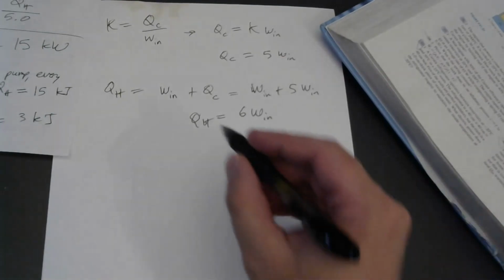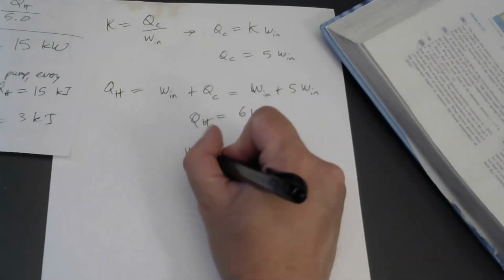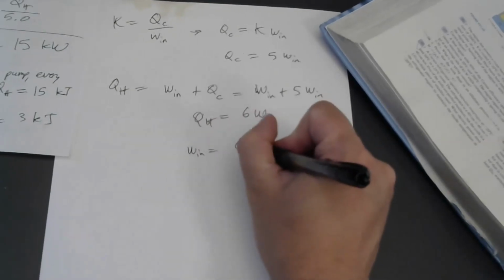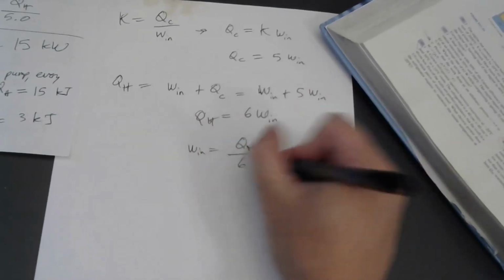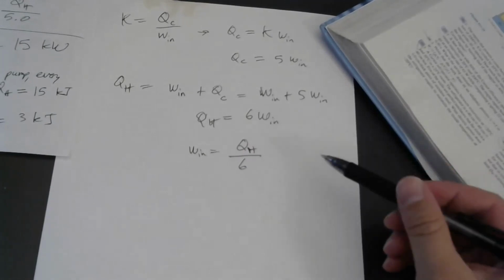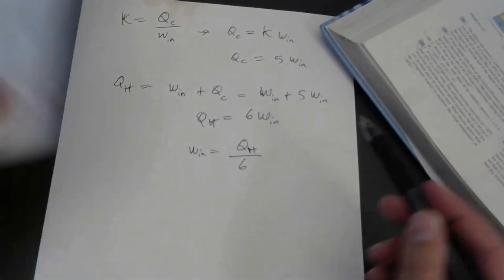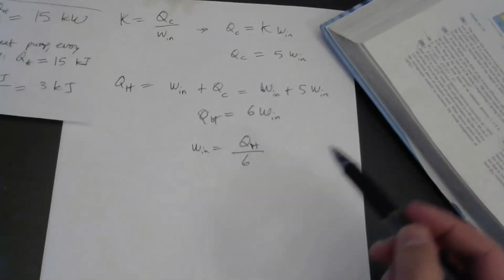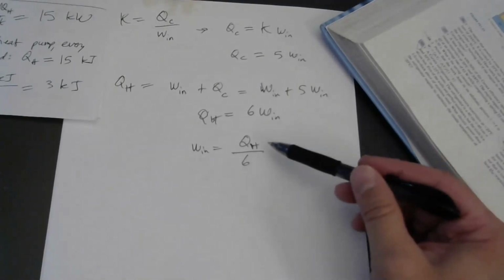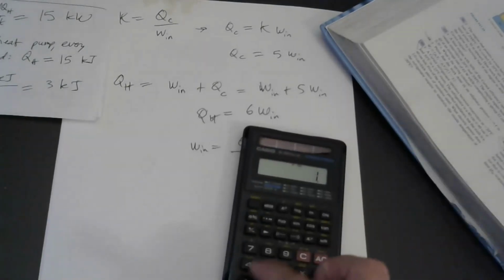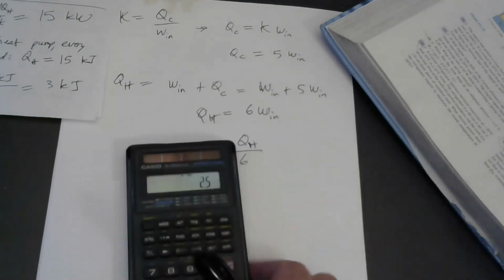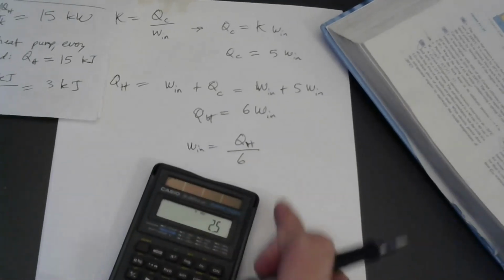They said, well, that means that the work input is going to be the total heat dumped into the house divided by 6. And so they said, if you need to put 15 kilojoules into your home every second to keep it warm, to counteract conduction, 15 divided by 6 is only 2.5 kilojoules. That's where they got the 2.5.